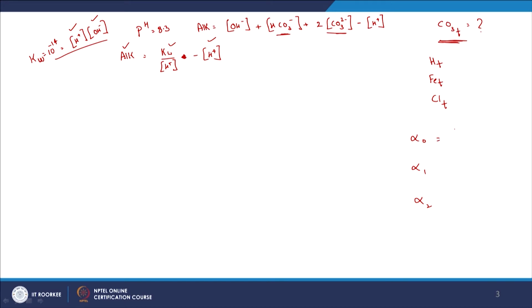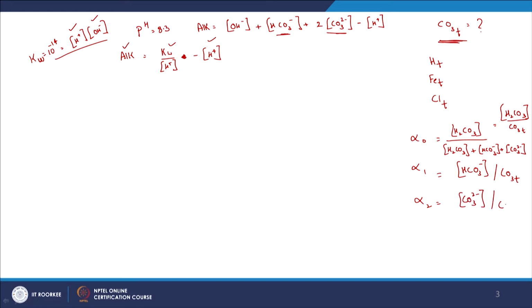Alpha 0 is the H2CO3 concentration divided by H2CO3 plus HCO3 minus plus CO3 2 minus, which is H2CO3 by CO3 total. Alpha 1 similarly would be HCO3 minus by CO3 total, and alpha 2 would be CO3 2 minus by CO3 total.